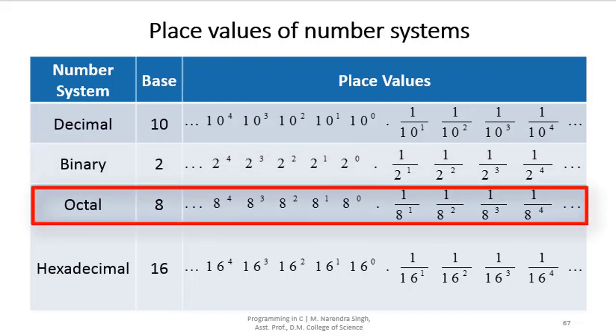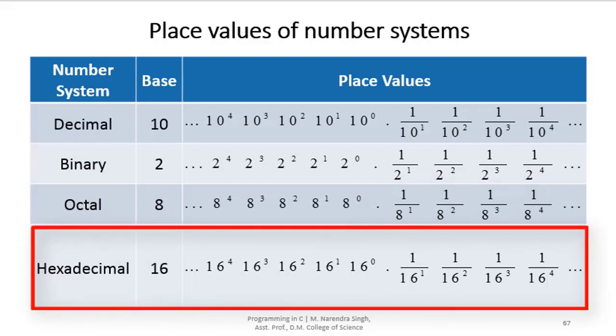Similarly, in octal, which is base 8, the place values to the left of the point will be 1, 8, 8 square, 8 cube, 8 to the power 4, and the place values to the right of the point will be 1 by 8, 1 by 8 square, 1 by 8 cube, and 1 by 8 to the power 4.